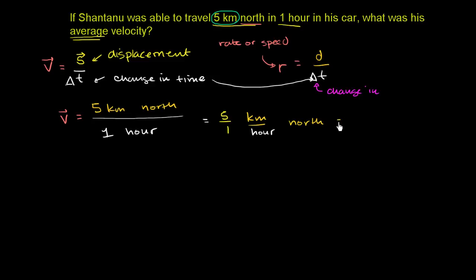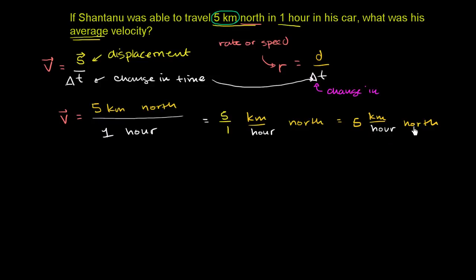Or you could say this is the same thing as 5 kilometers per hour to the north. So that's his average velocity, 5 kilometers per hour. And you have to be careful.